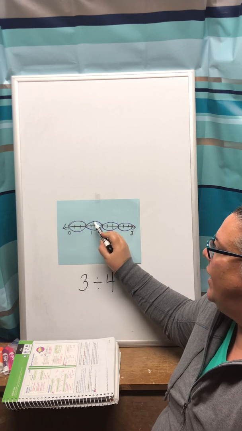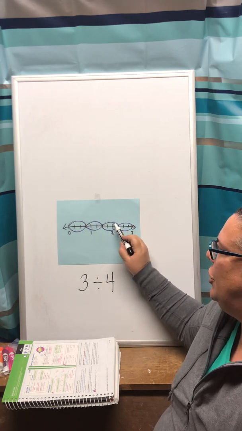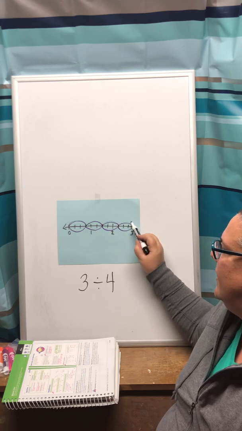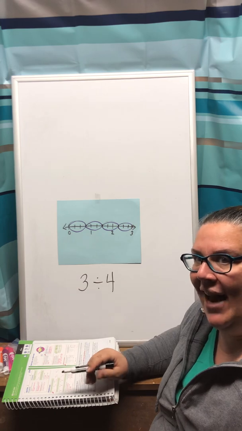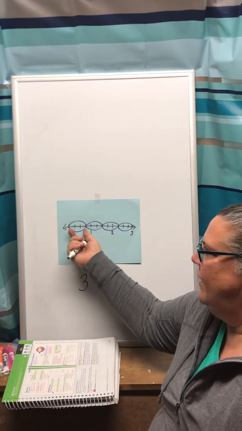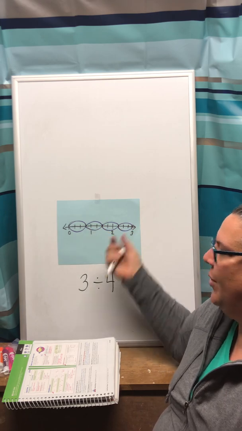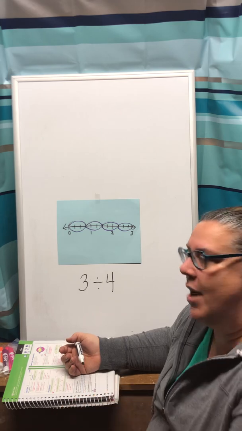It was 1, 2, 3 lines. From here to here, 1, 2, 3 lines. And from here to the 3, 1, 2, 3 lines. So if I did that 4 times, I had a portion, a portion, a portion, a portion, 4 equal parts, because remember I said there were 3 lines on each one.